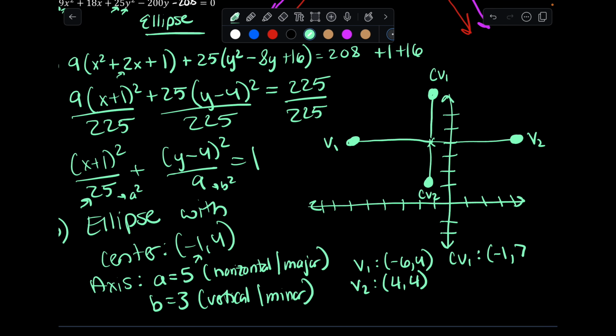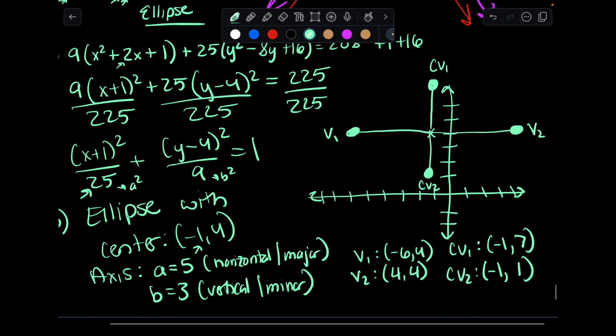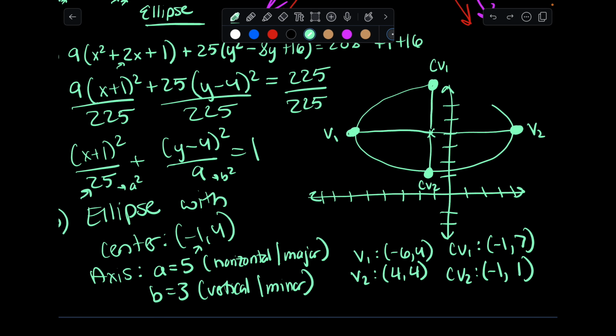So 4 plus 3 is 7. For covertex 2, we're still in line with the center, so we'll do 4 minus 3, which is 1. And then we can draw the little curves in here. That's terrible. There we go.